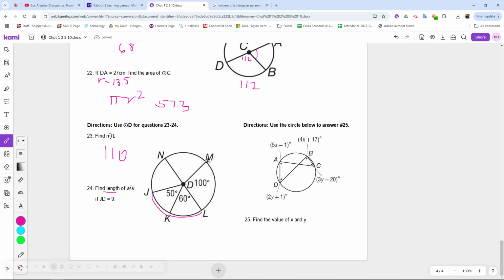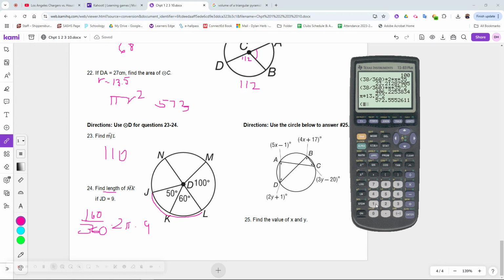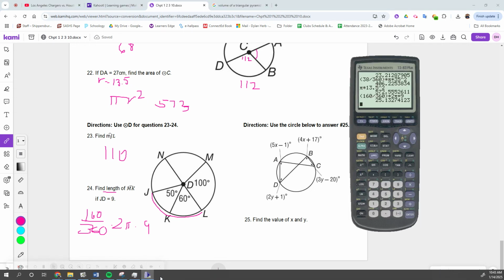So MK is 100 plus 60, so that's 160 over 360 times 2 times pi times the radius. JD is actually the radius, so that's your formula there. Let's do that. 160 divided by 360, close the parenthesis, times 2 times pi times r. So that is 25.13.